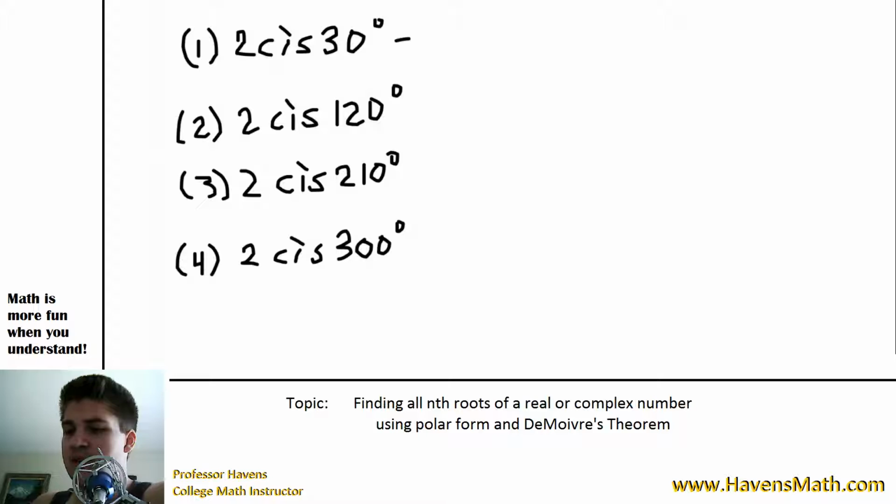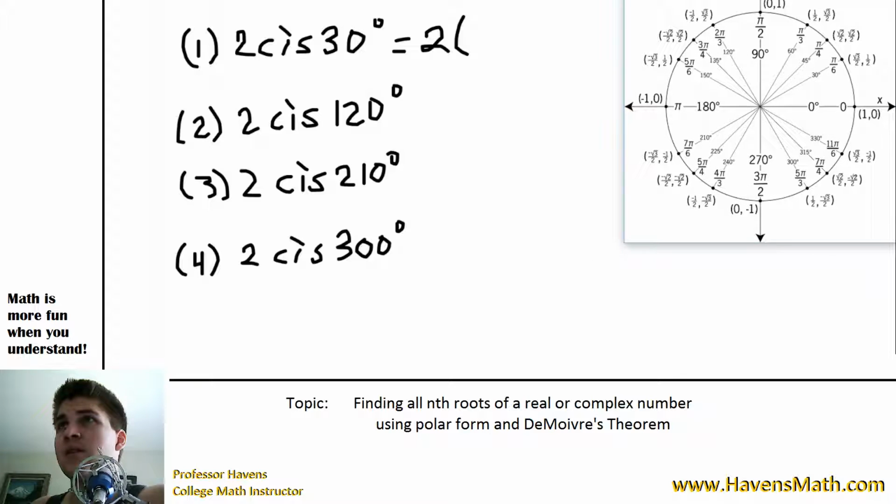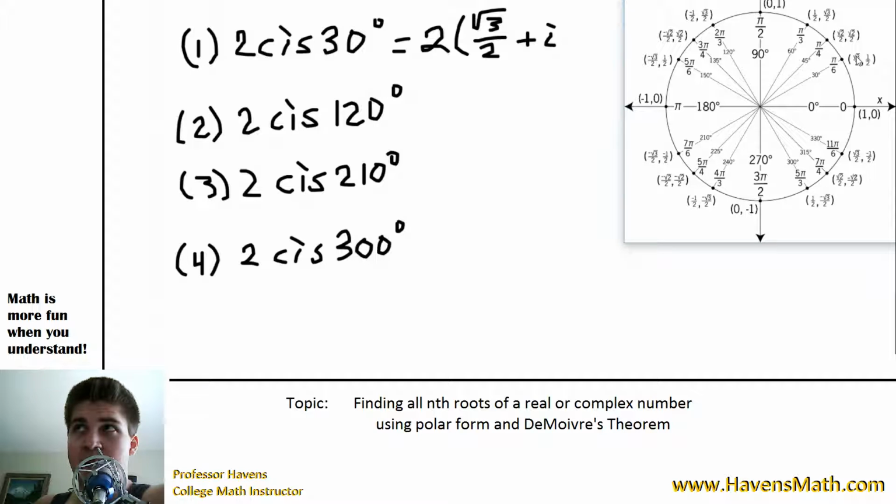So cosine plus I sine theta, just like in the last one, that's our abbreviation for cosine plus I sine theta. So cosine of 30 degrees, pulling back up my unit circle here. Cosine of 30 degrees would be root 3 over 2 plus I. And sine of 30 degrees is over here, 1/2.